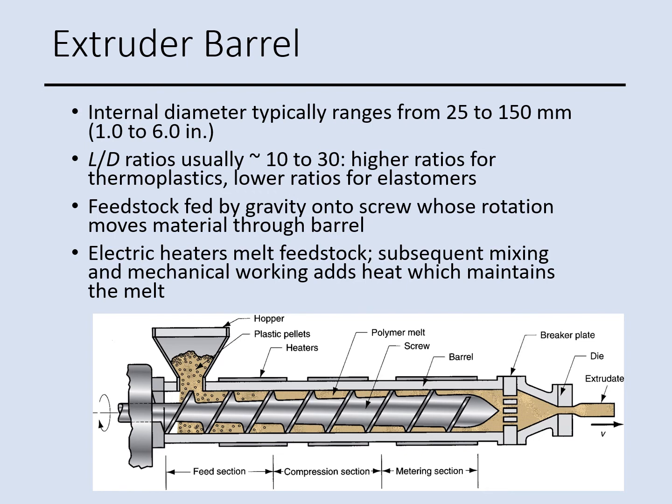For a higher ratio, like a 30, that is mostly designed for thermoplastic material, and if it is a low ratio like a 10, that is designed for elastomer material.